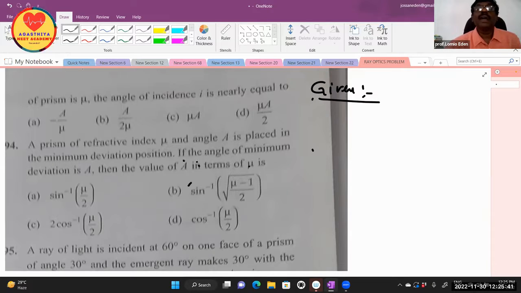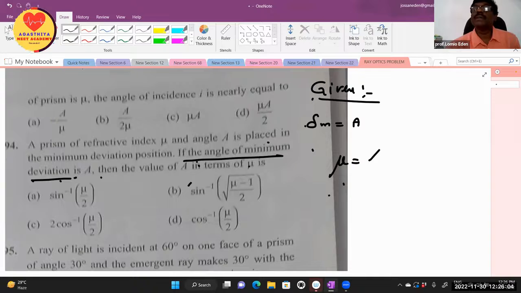The angle of minimum deviation is equal to A, that is del M is equal to A. Then find out the value of A in terms of mu. Very simple question. You can directly substitute del M as A in the formula of mu.